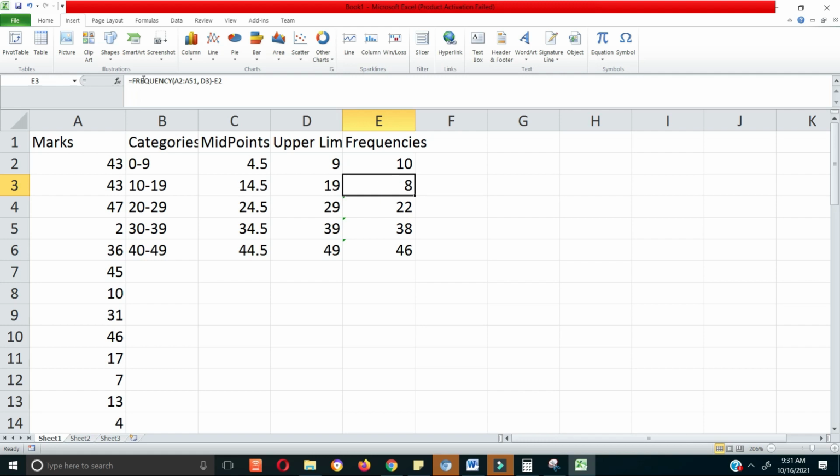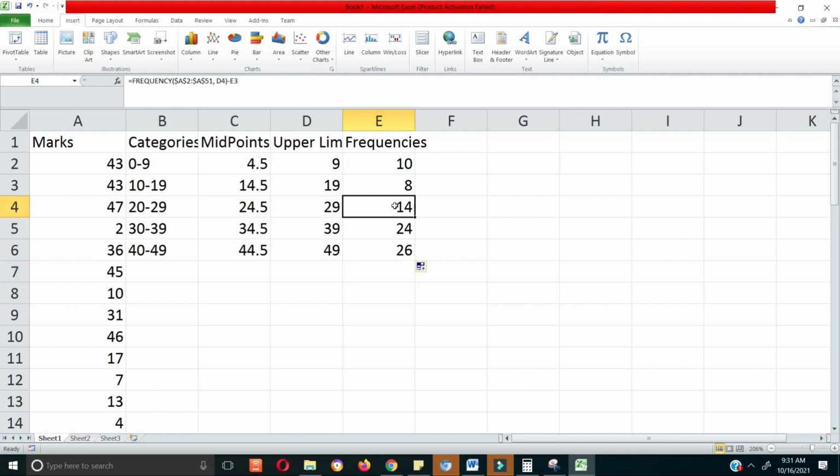Let me just fix this so I can copy over the formula A2 to A51. So this is the frequency of the items. You could do a hand count, but since it's Excel, I don't need to do that. So let me see if I can copy over this formula and get correct values. Are these correct?